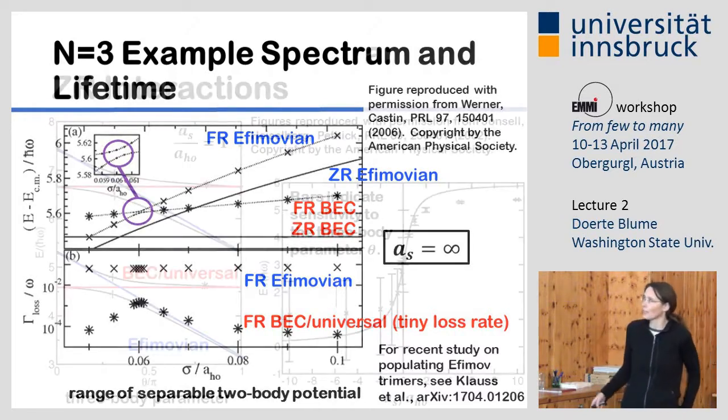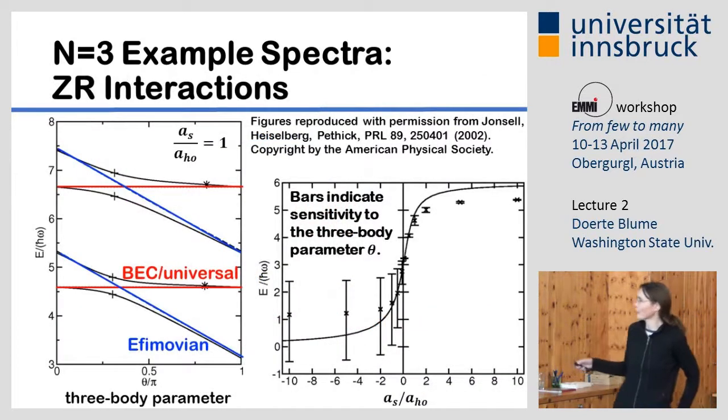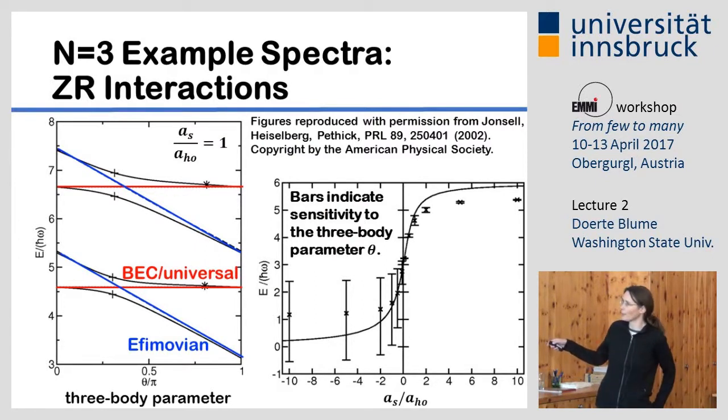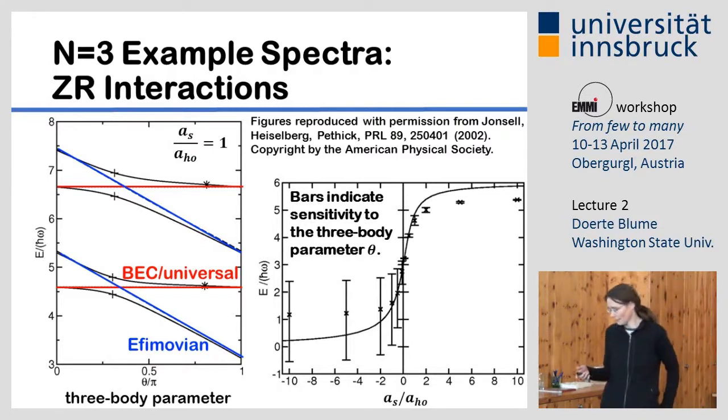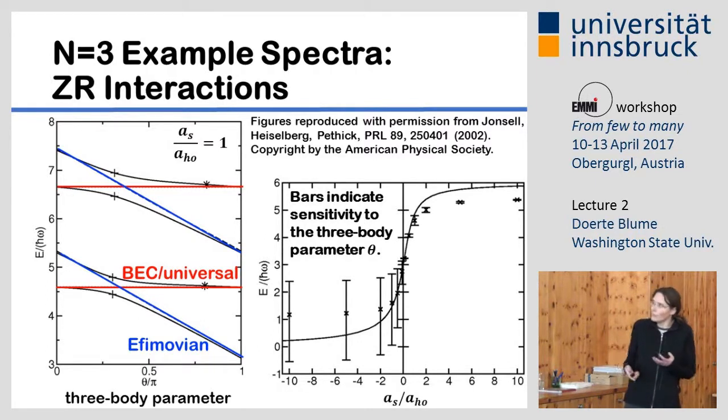So what I'd like to do now is go back to this point here, the regime around the non-interacting limit. And I'd like to understand to which extent there is a three-body parameter that plays in when the S-wave scattering length is really small.